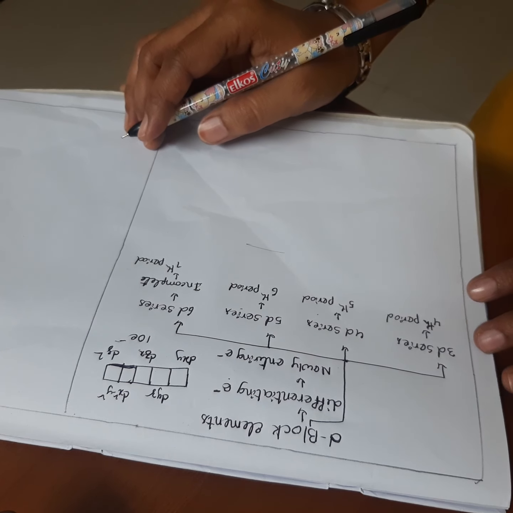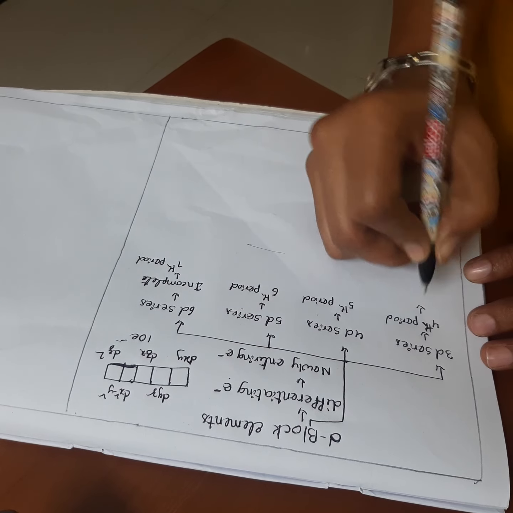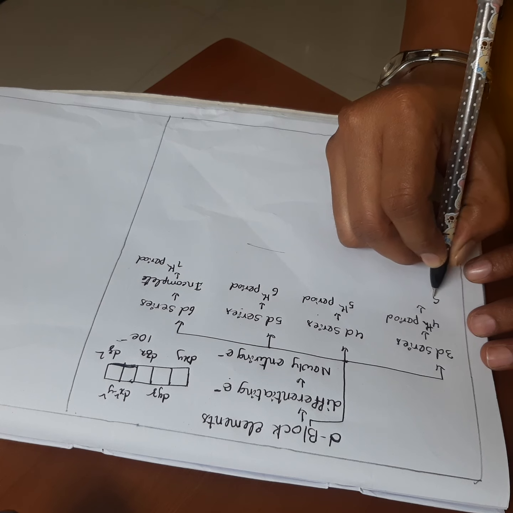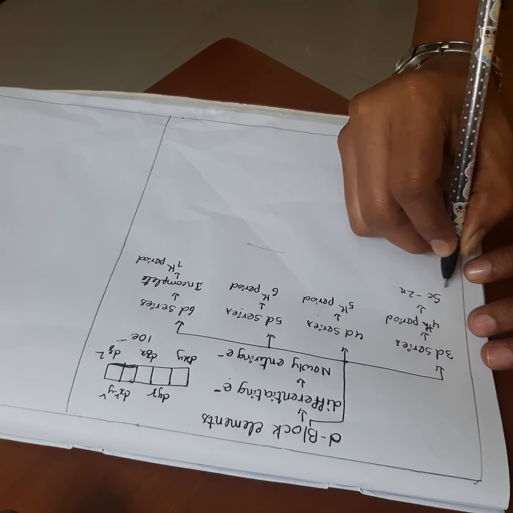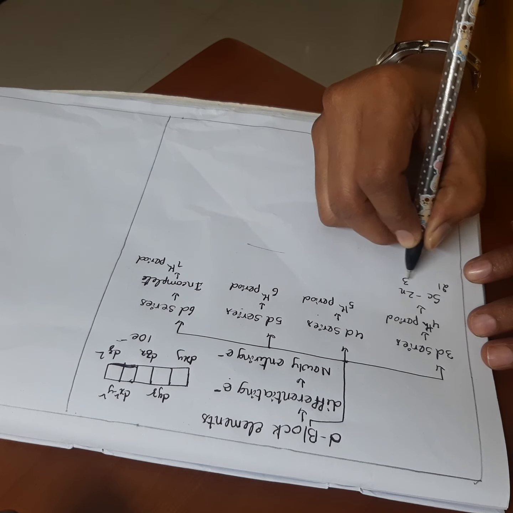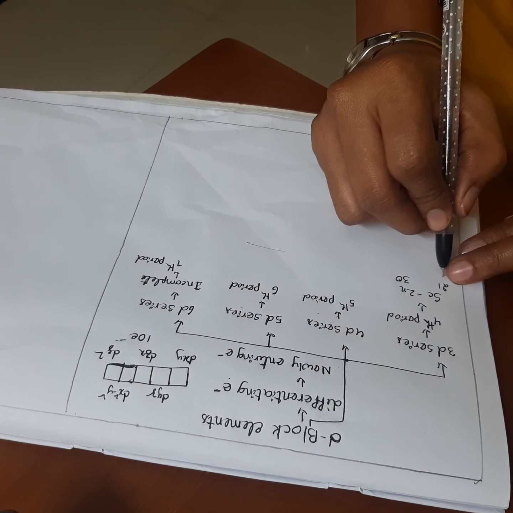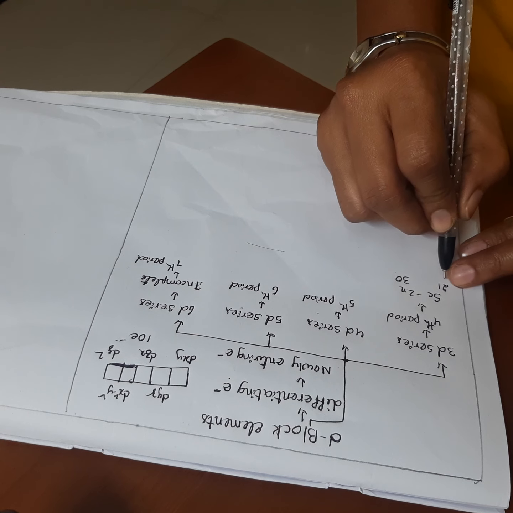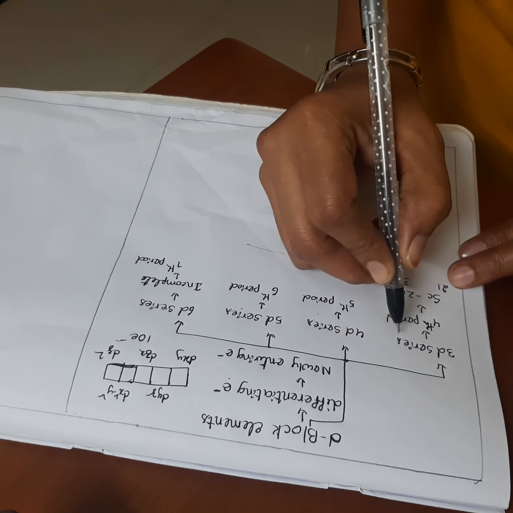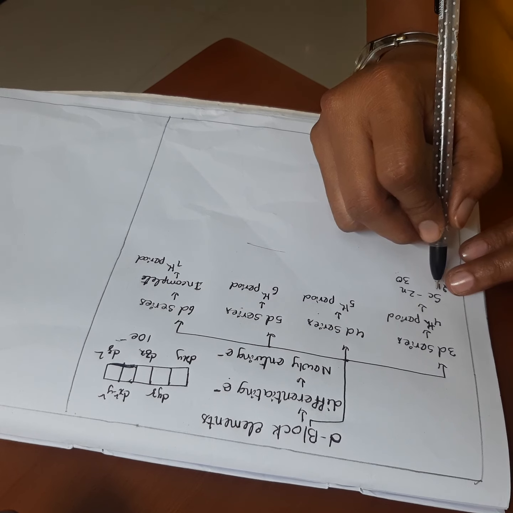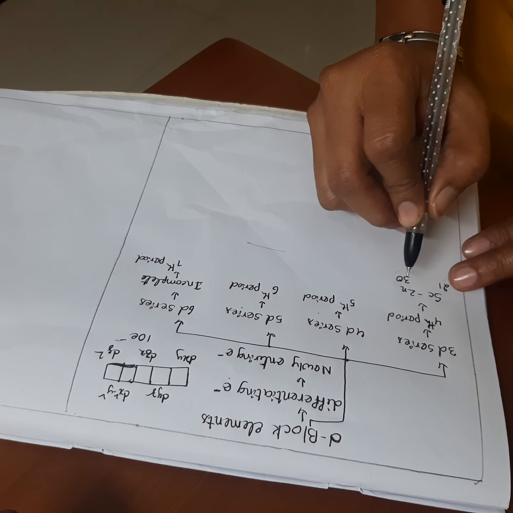Now let us see the 3d series elements. The 3d series elements are present from scandium to zinc, and the atomic number of scandium is 21 and zinc is 30. So the 3d series elements range from atomic number 21 to 30, scandium to zinc.